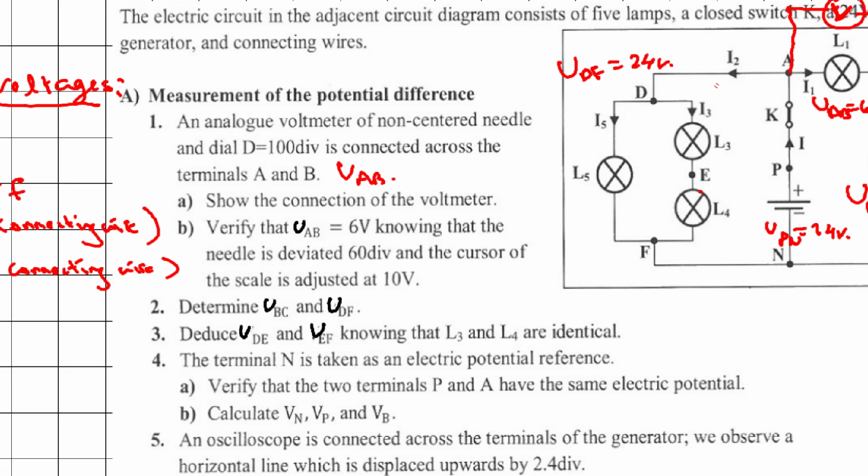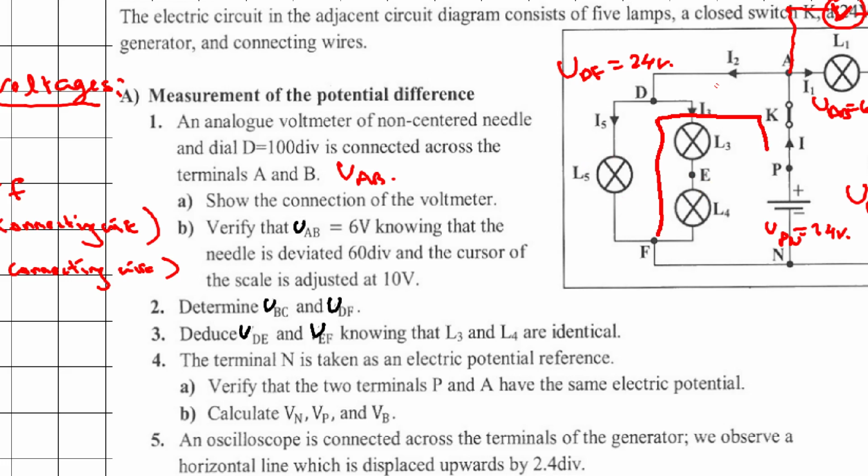Knowing that L3 and L4 are identical, then they share the same voltage. Notice that in parallel to these lamps we have another lamp L5. It may be identical or not, but we are considering DF. Either we consider these two or we consider this alone. We don't consider that we have 3 lamps between D and F. For sure we have 3 lamps, but 2 of them are in series and 1 is in parallel with these 2.